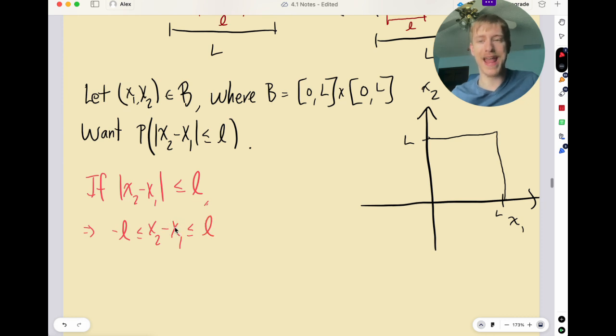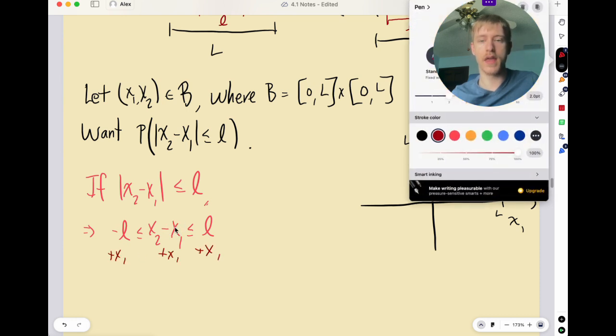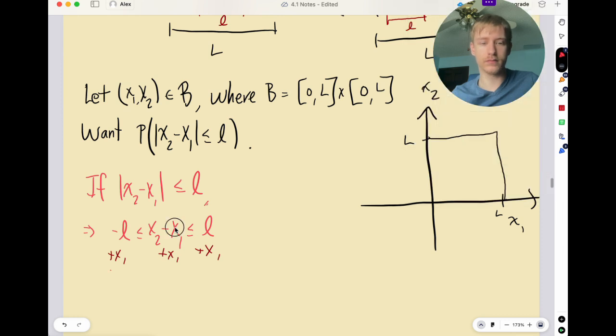But then I can add x1 to all sides, and then I get, let's see, this will be x1 minus l, less than or equal to x2, less than or equal to x1 plus l.